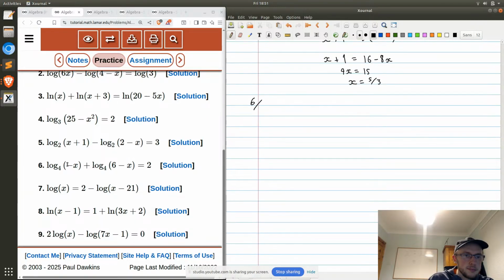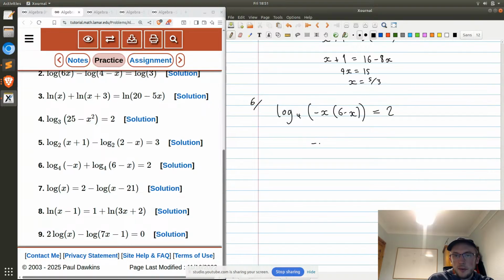won't we? All right, so a pair of logarithms, both base 4. They're being added together, and therefore we multiply the interior arguments together. So log base 4 of negative x multiplied by 6 minus x, close brackets, set that equal to 2. Then do 4 to the power of both sides.